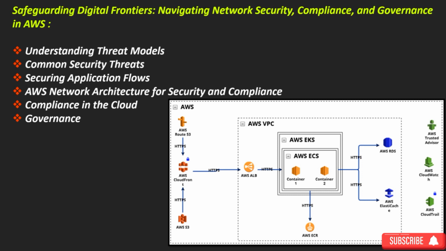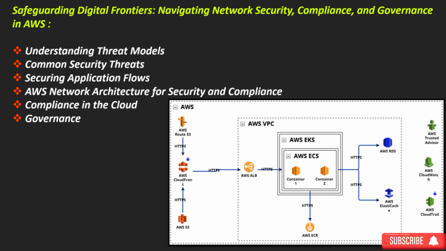In this section, we explore some of the best practices for designing and implementing secure network architectures on AWS. We can cover virtual private clouds, security groups, and network access control lists, and the use of AWS Identity and Access Management for finely tuned access control.